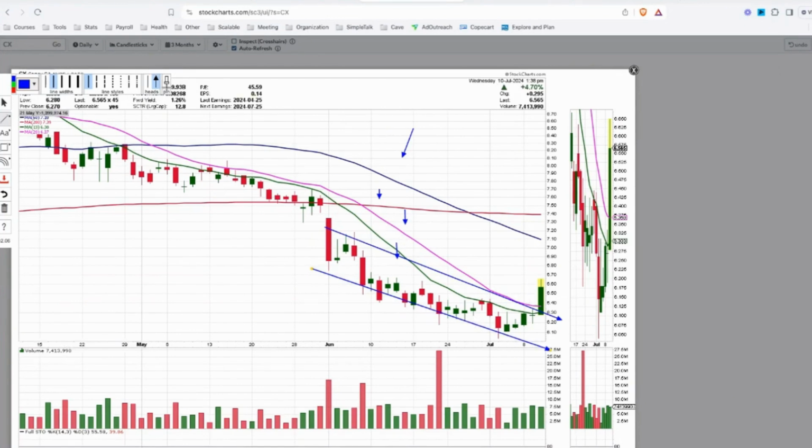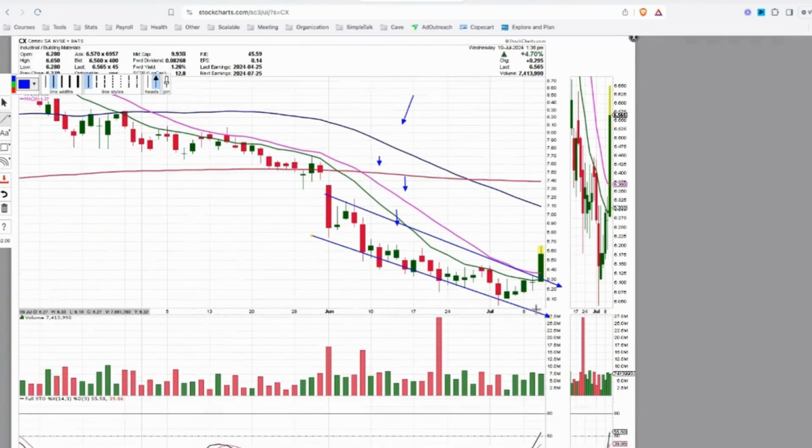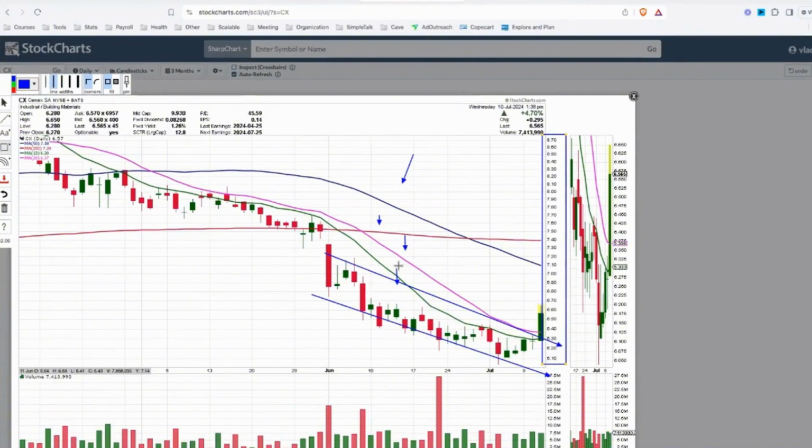This to me right now, obviously it's not earnings season at all. It just broke through here. The only issue I have with this, and this is what you have to really be careful with, is to look at how much the stock costs. $6. These things can be manipulated. I can't tell you if it is or not because it's so cheap.